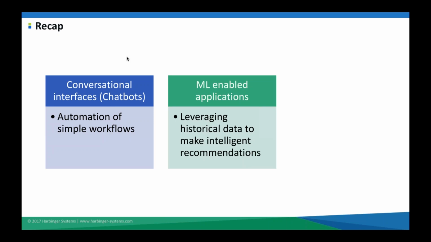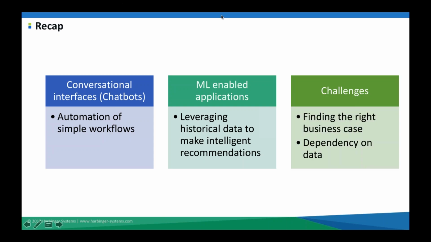And in the ML-enabled side, look for where you have good, interesting data, and try to come up with things like intelligent recommendations. That would be a good win for you.